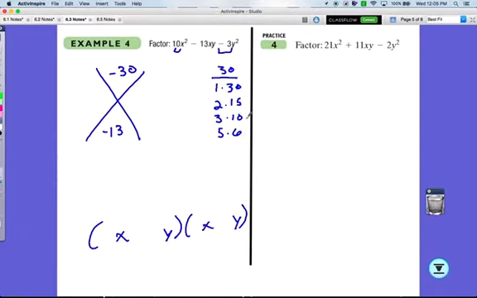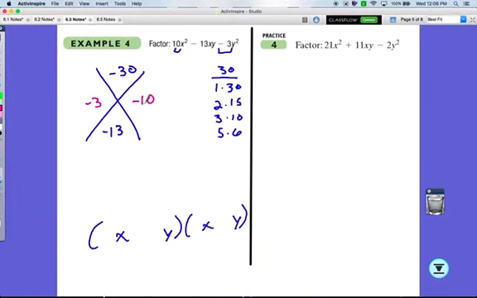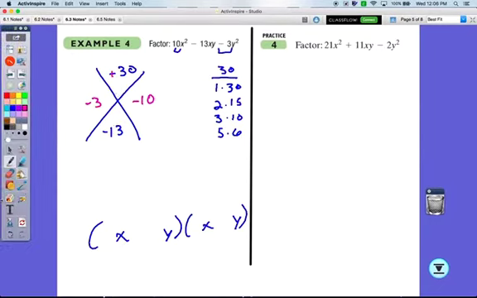Because 3 and 10 add up to give you 13, so I could have negative 3 and negative 10. I'll go ahead and write that there. Negative 3 and negative 10. But if I were to multiply those together, those would actually give me a positive 30. And I don't want a positive 30, I need a negative 30. So those negative 3 and negative 10 actually didn't work there.